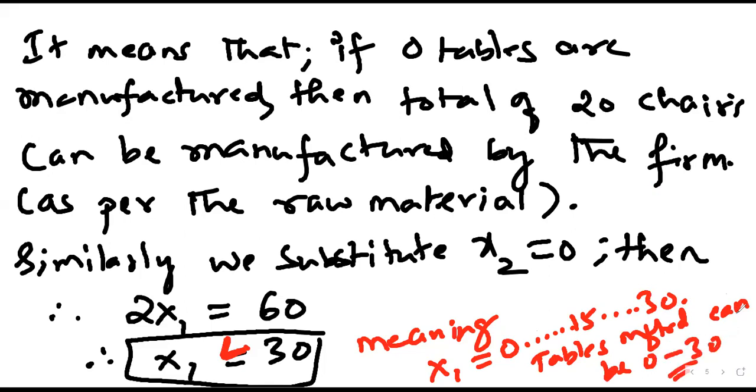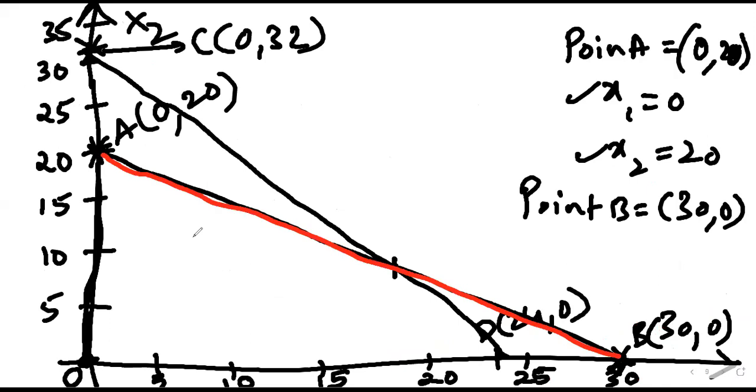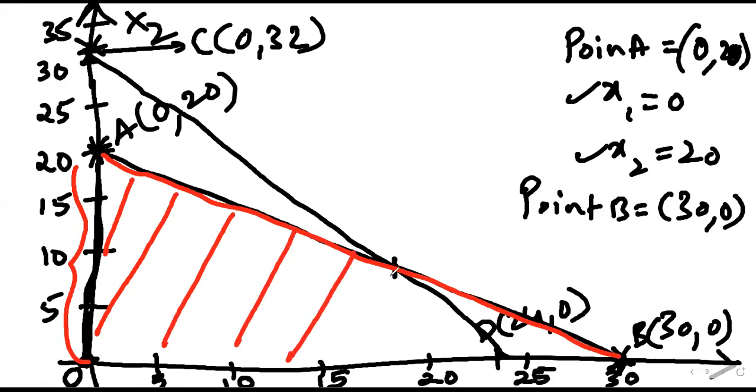That means tables manufactured can be anywhere between 0 to 30. So that is the reason our required area in the graph is less than 20 here, and here it is less than 30. Correct?